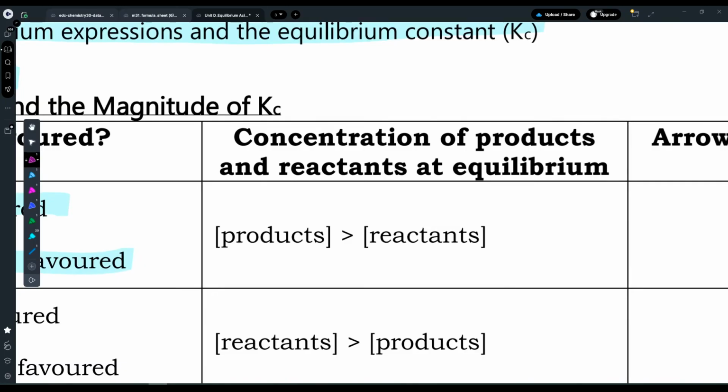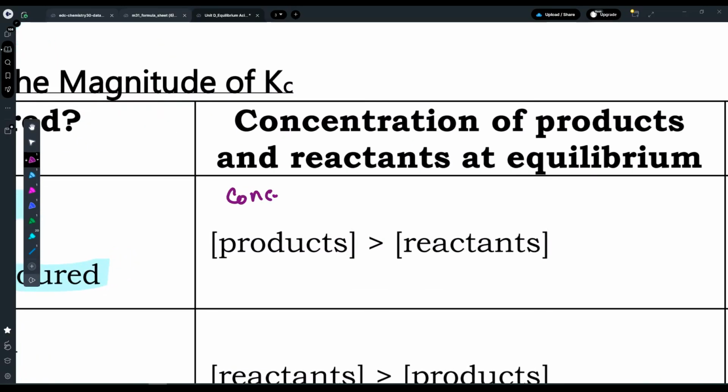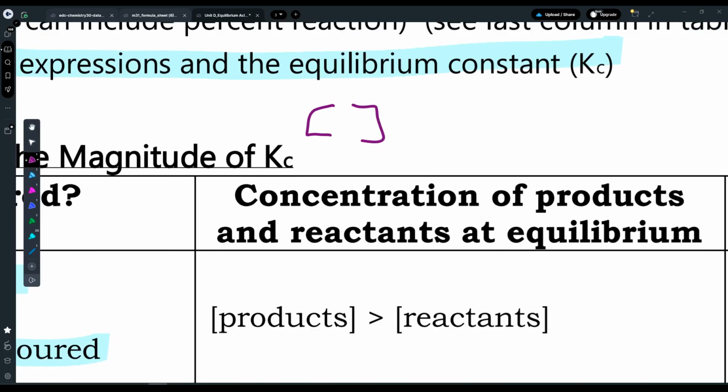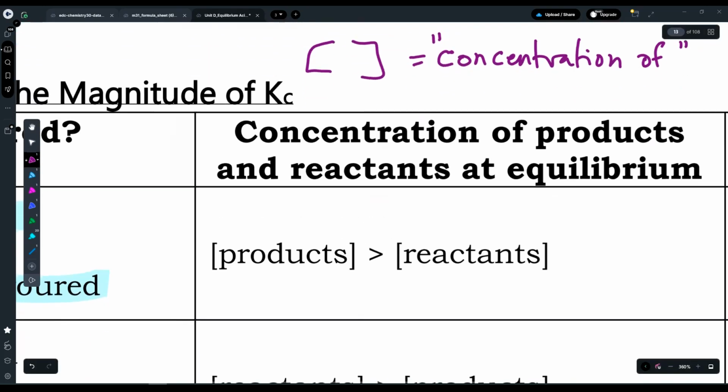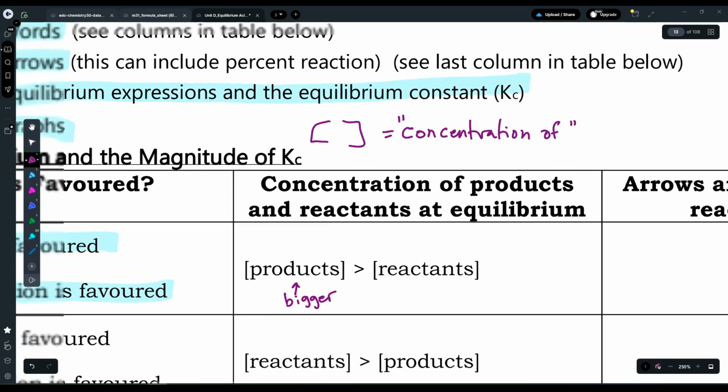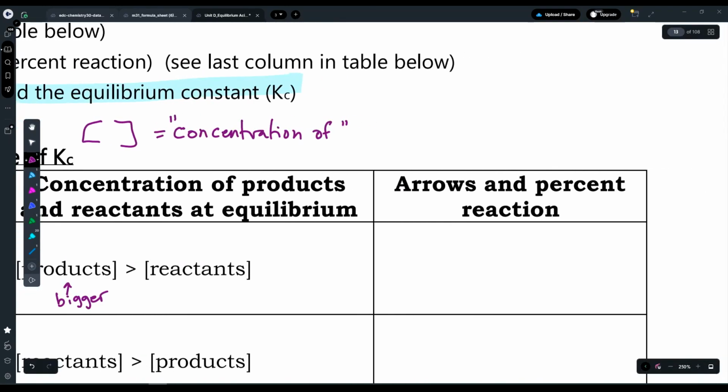Remember that square brackets mean concentration of whatever is inside those square brackets. So here this is saying the concentration of the products is bigger than the reactants when the forward reaction is favored, or when products are favored, in an equilibrium.